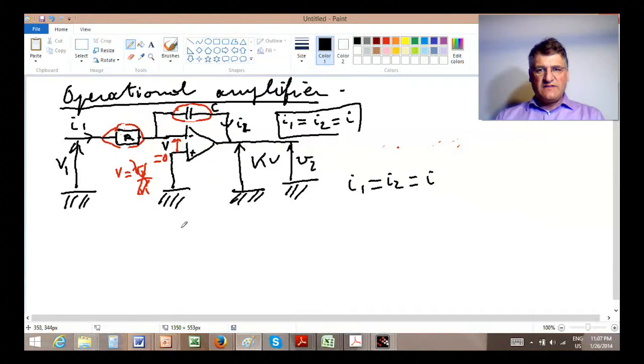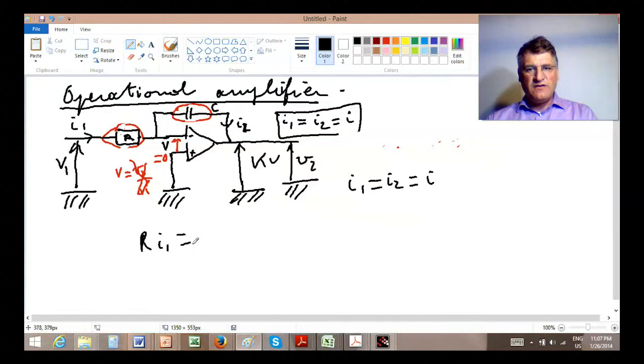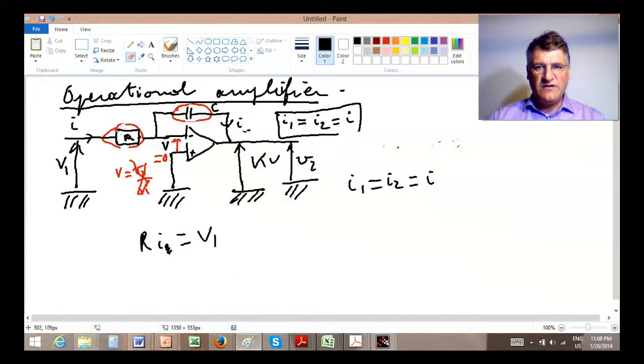We obtain that RI1 is equal to V1. And again, this is R times I, with I1 equal to I2.